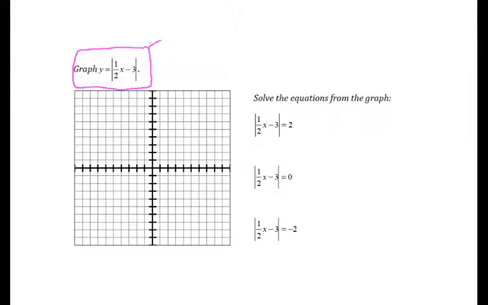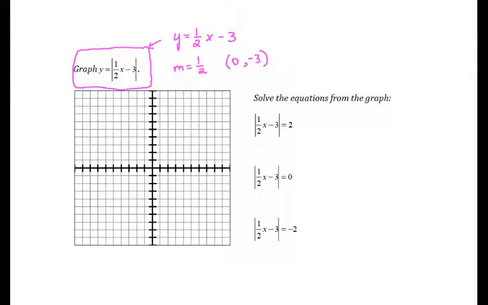And remember that the way we graph absolute value functions is we first graph y equals 1/2 x minus 3, which we know how to graph because this is a straight line. This has slope positive 1/2. It also has a y-intercept of negative 3. So I'm going to start by just graphing this line. I'm going to do it fairly lightly, so I'll start with a light color and a thin line.